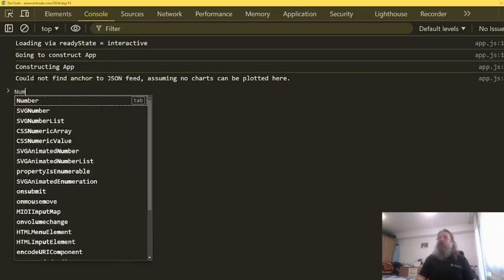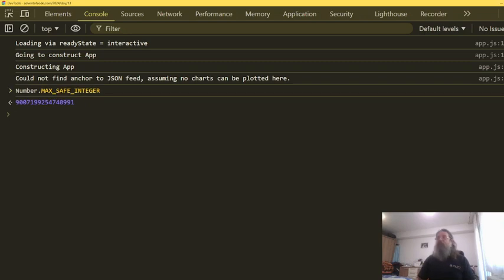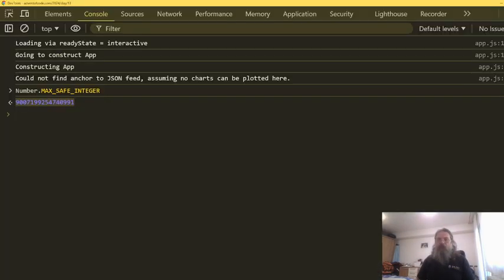So we have this thing, which is a bit bigger than 10 trillion, but not by much. Where were we before my phone rang? We were worrying about the max safe integer.